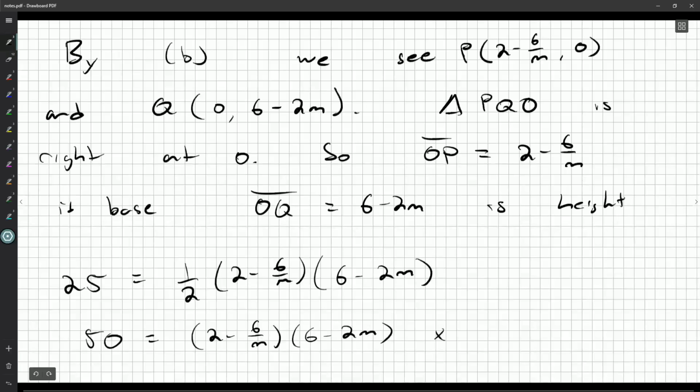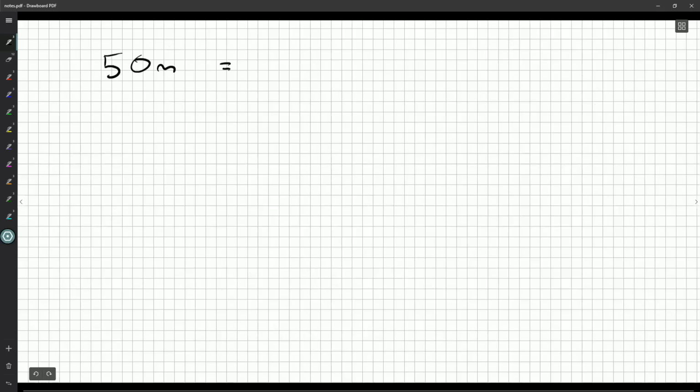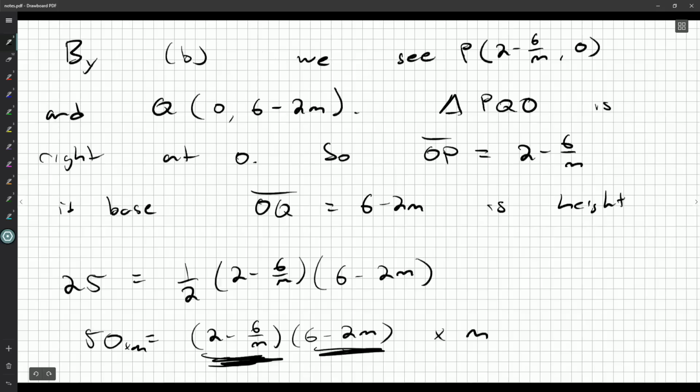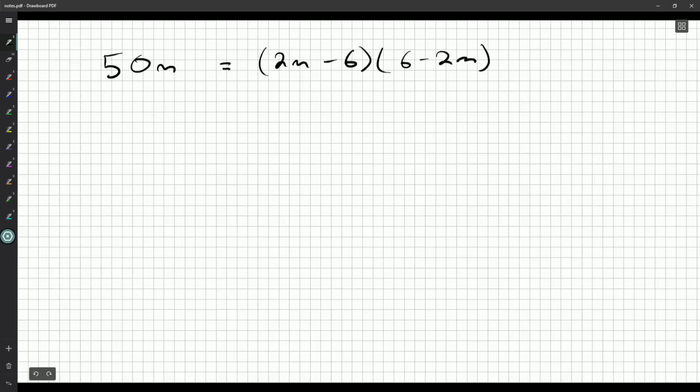Now, when I multiply on m by m on this side, remember, it doesn't go into both terms. I've seen some students recently make this mistake. You pick one term for the m to multiply into. I'm picking the first one so I can get rid of the divide by m. So it'll be 2m minus 6. And then the 6 minus 2m over here stays exactly the same. Okay? So, well, let's expand this out.